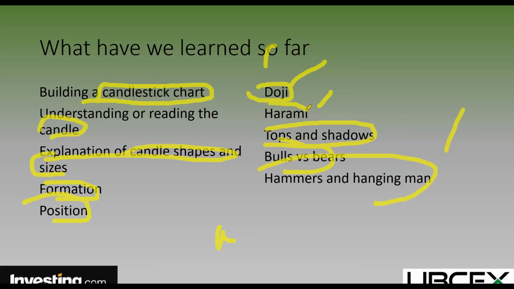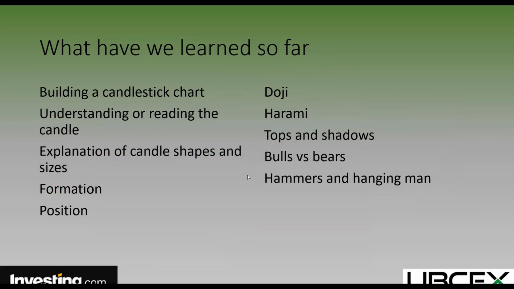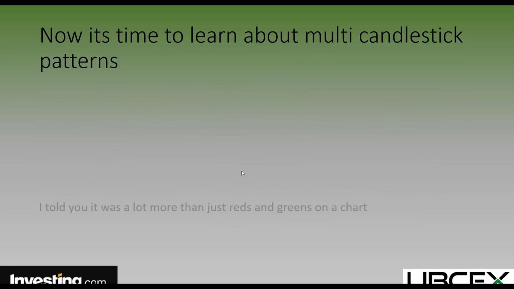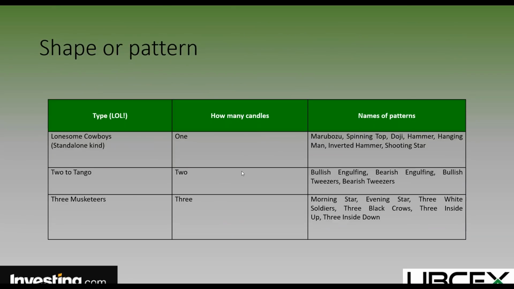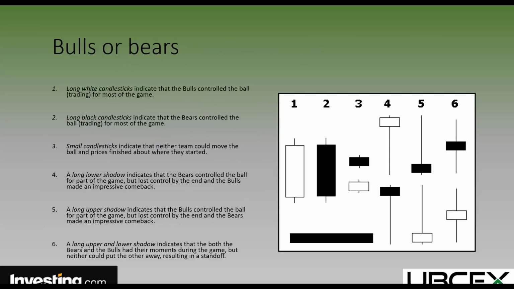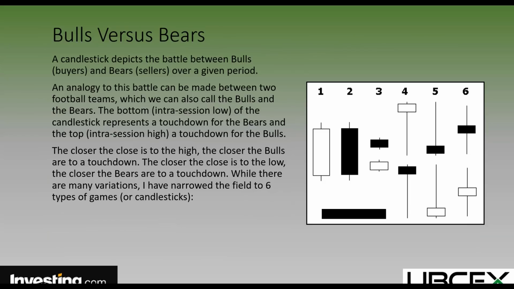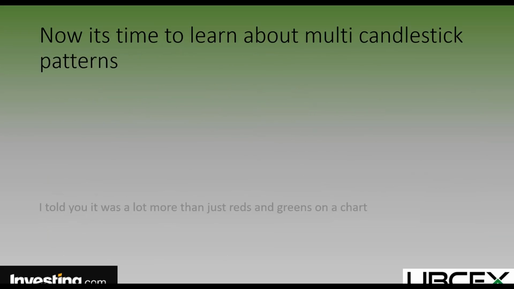Now, haramis and hanging men and hammers are a little bit more complicated candles that tell you something by their relationship to where they are. I'm sorry, I know I'm hurting your eyes.